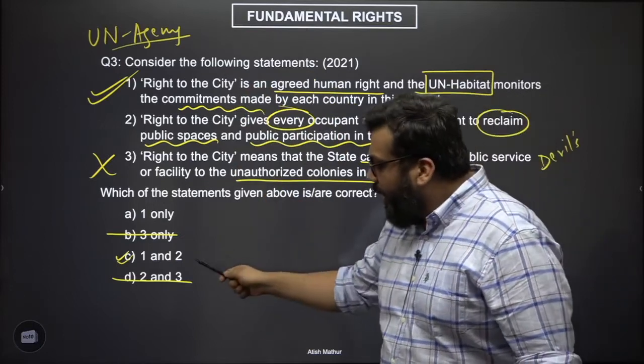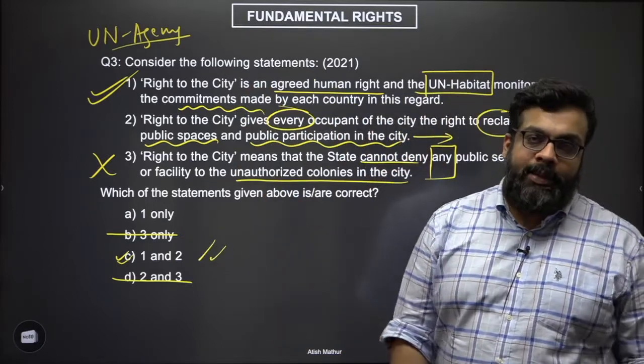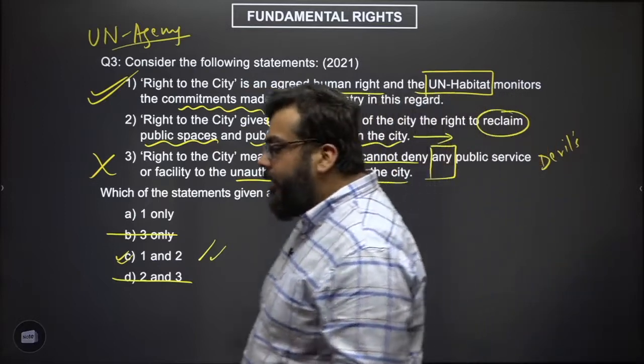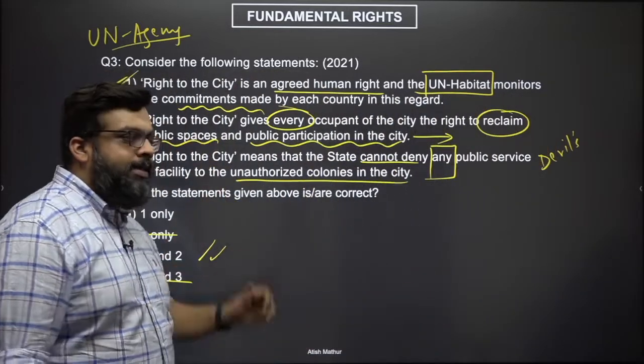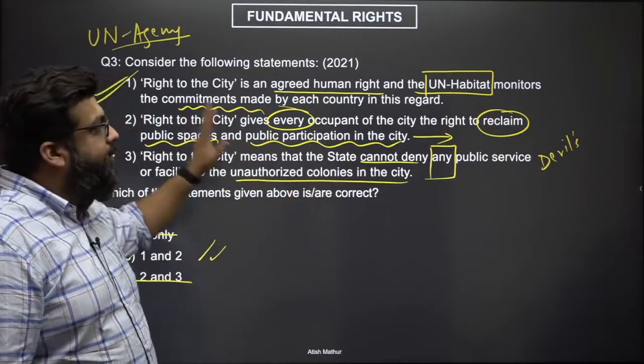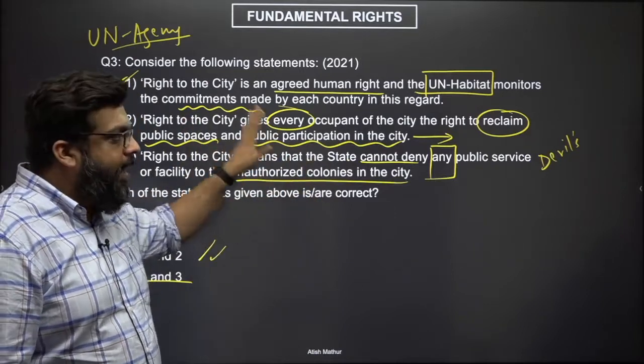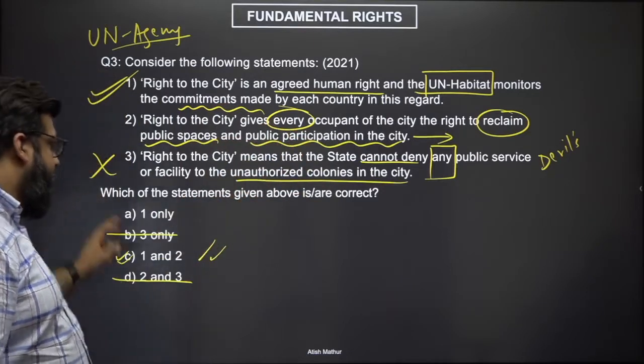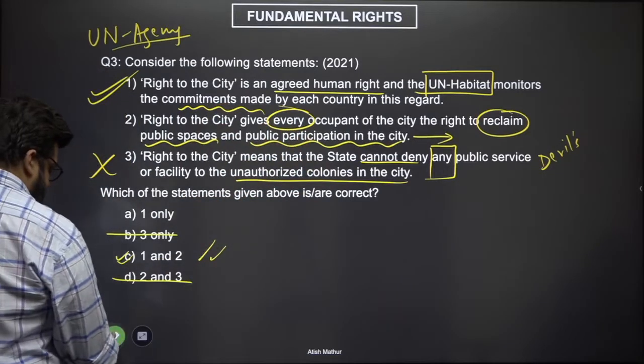So therefore, I would have marked option C. Again, I will be honest, when I saw this question for the first time, I was not aware of the technical details. But if I had to take a chance, if I had to try an answer, I would have taken option number C. Okay?